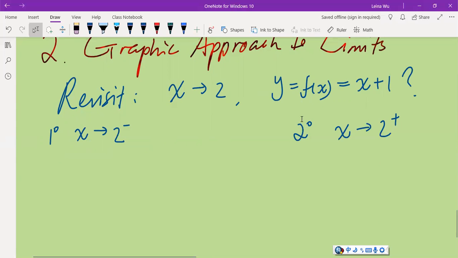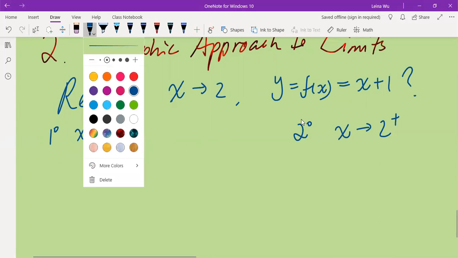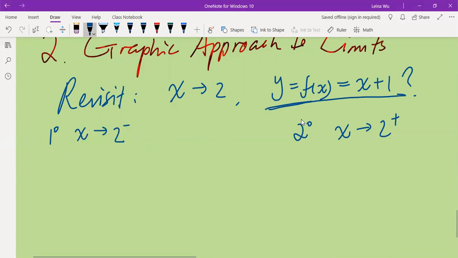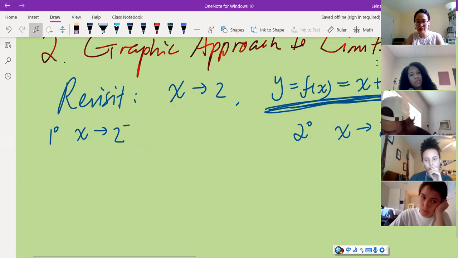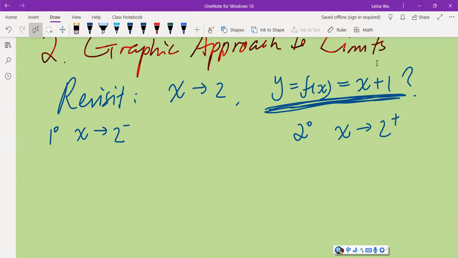And I'm going to sketch the graph y equals x plus 1, because if you want to look at the graph, you need to have its graph. What's the graph of y equals x plus 1? Is that a parabola? Is that a circle? Is that a straight line? Or is that a point? Straight line. Very good. It's a straight line.